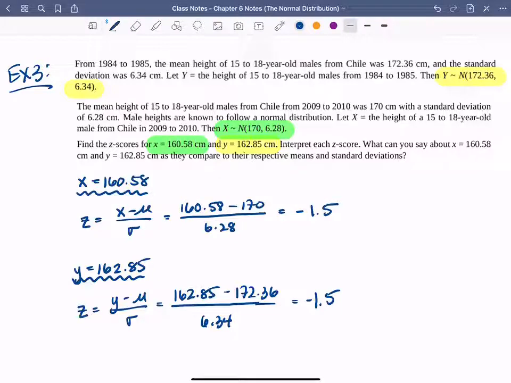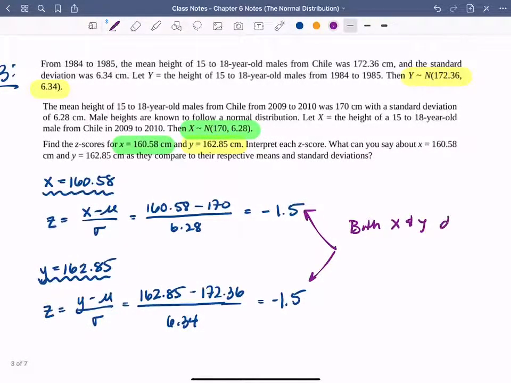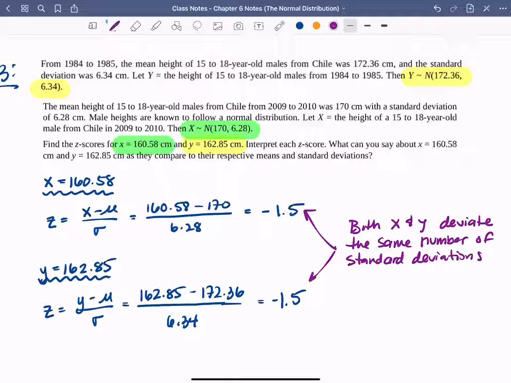Well, what we can say is between these two, both x and y deviate the same number of standard deviations away from their respective means. And in the same direction.